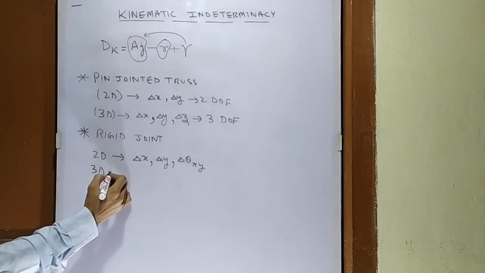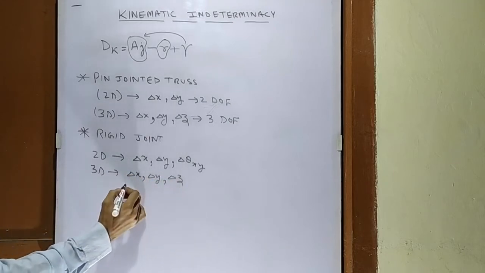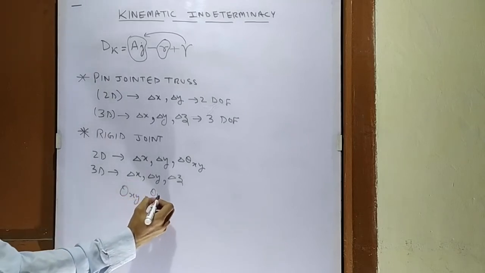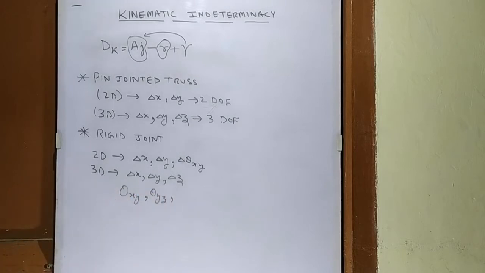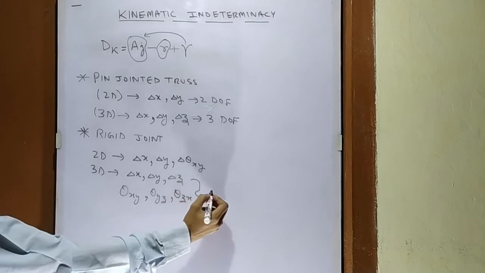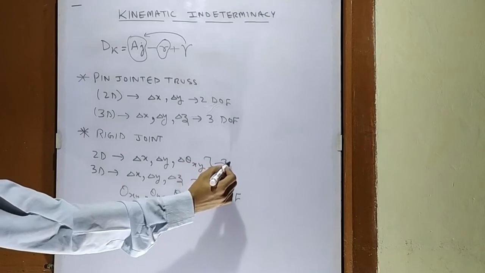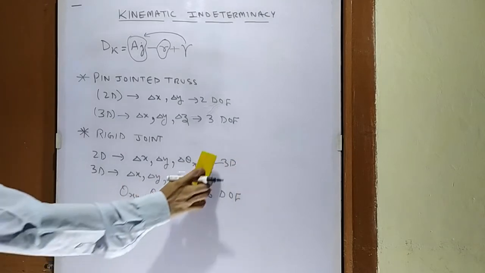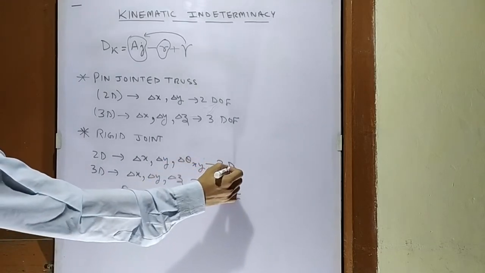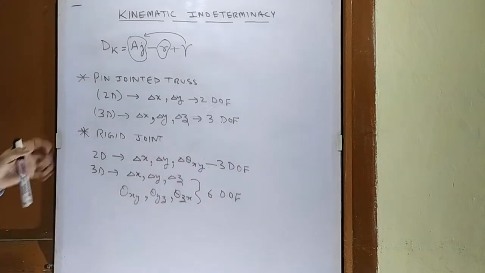And in 3D there will be delta x, delta y, delta z, theta xy, theta yz, and theta zx. So the total is 6 DOF for 3D and 3 degrees of freedom for a 2D rigid jointed structure. So this is very clear.